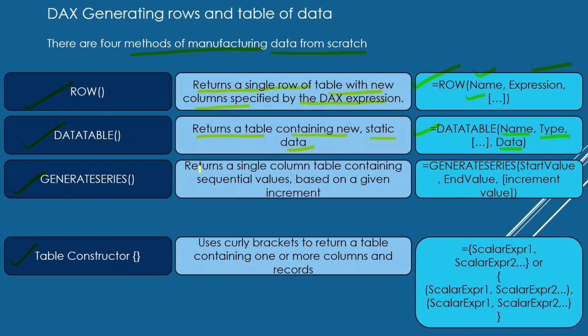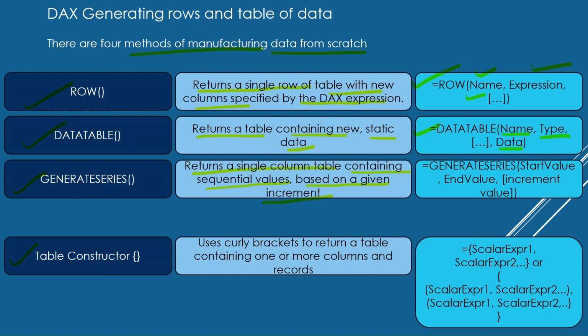The GENERATESERIES function returns a single column table containing sequential values based on a given increment. So suppose there is a requirement that we need to create a single column table with sequential values based on a certain increment.